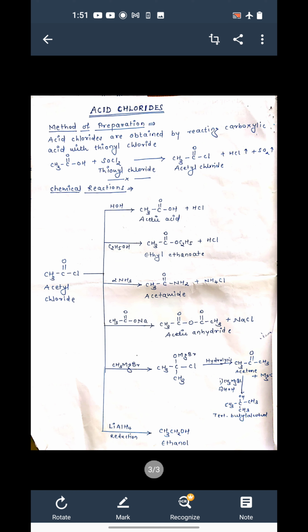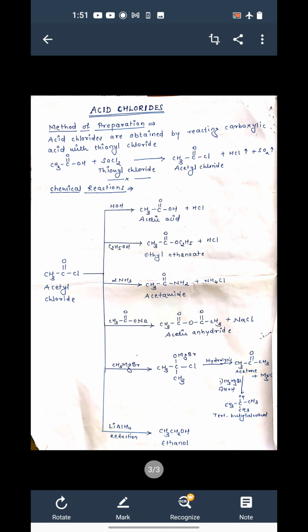A small molecule like HCl gets removed, and we get ethyl ethanoate, which is an ester. When acetyl chloride reacts with ammonia, it forms an amide, that is acetamide. Here ammonium chloride gets removed. Then when acetyl chloride reacts with the sodium salt of acetate, we get acetic anhydride as the final product.